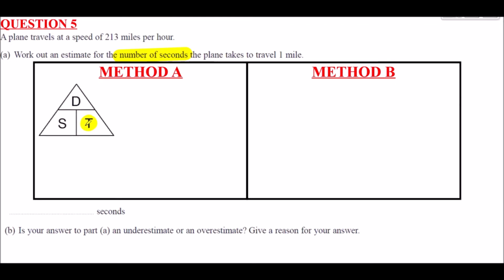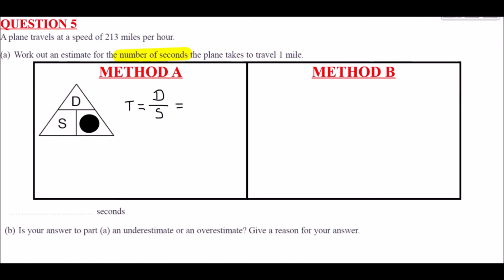So we cover up what we want to find out, time, and whatever's left tells us what to do. Time equals distance divided by speed.